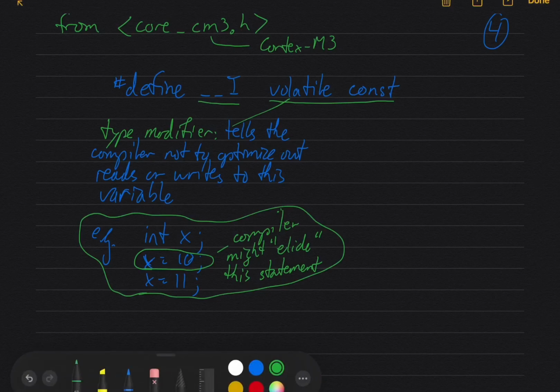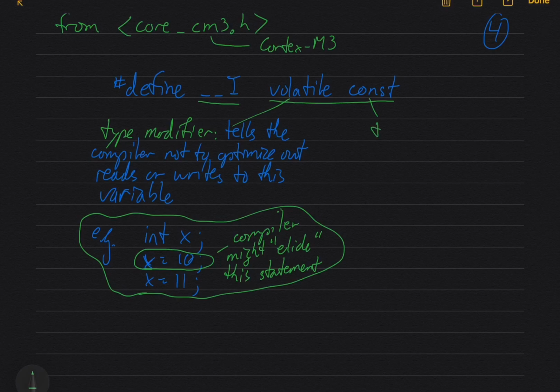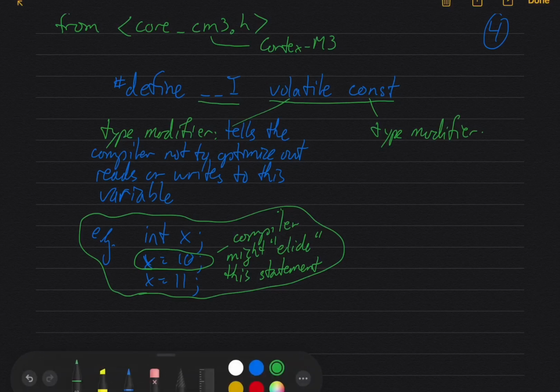And we have another type modifier here, the const keyword. And const doesn't mean what we think it means. It doesn't mean that it's constant. What it means is any statements in your code that try to assign a value to that variable will not be allowed.